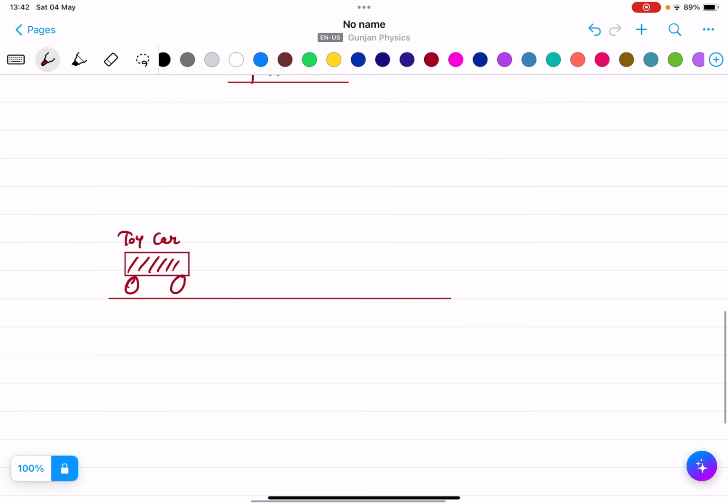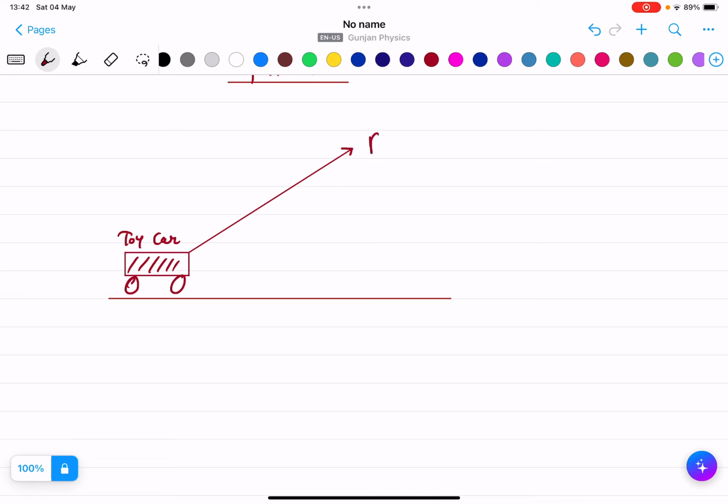Now, to find out the work done, let us take an example of a toy car. This is a toy car here. When kids play with the toy car, they are applying a force. There is a string on the toy car, and a boy is moving this toy car with the string.